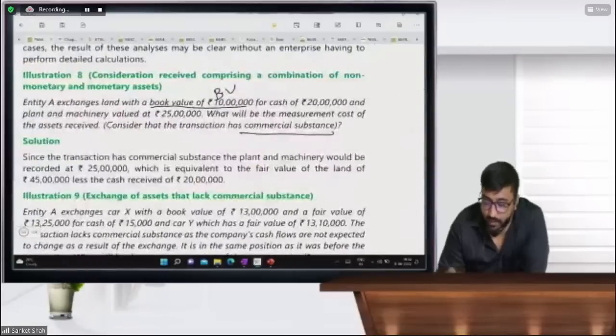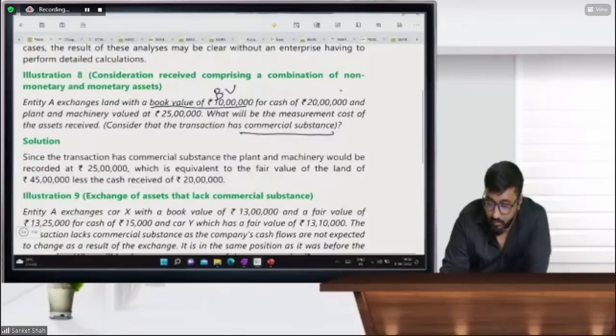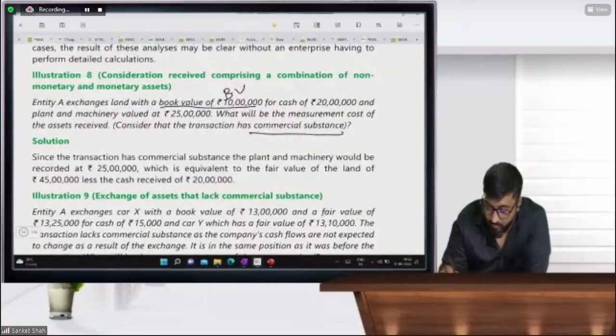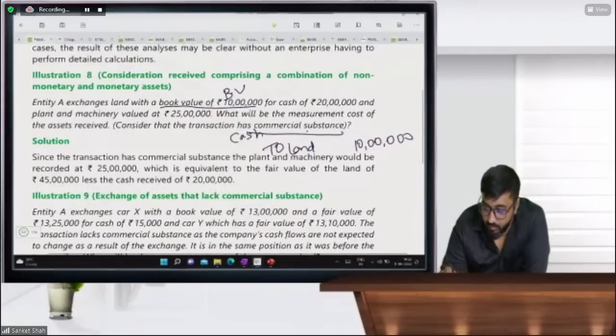Now what are you giving, beta? You are giving land of rupees 10 lakhs. Land goes out. What comes in? Cash 20 lakhs, plant and machinery 25 lakhs, and to P&L 35 lakhs.